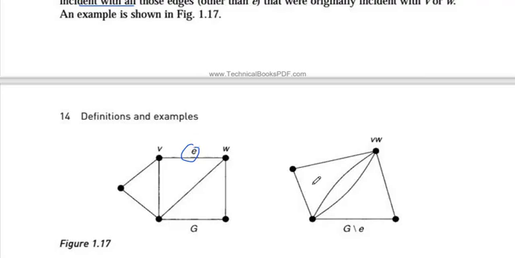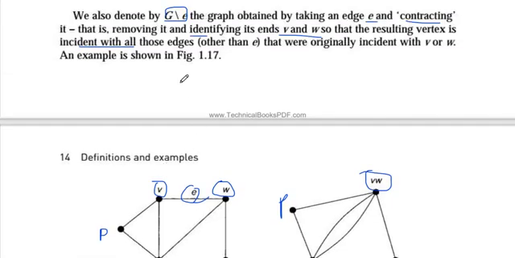This is an edge E. We can obtain graph G/E by merging these two vertices connected by the edge E. We have connected V and W, so this point P is here. We can make a loop between V and W. So this is the G/E graph.